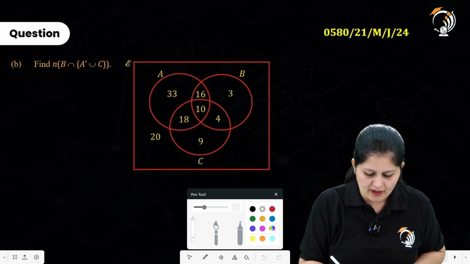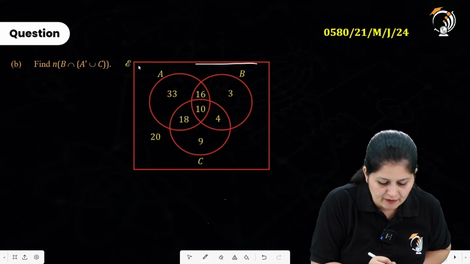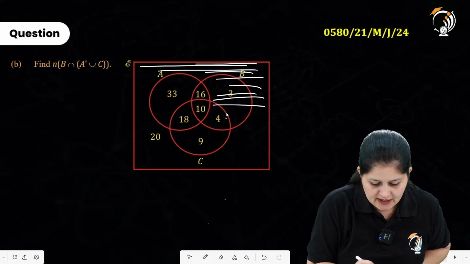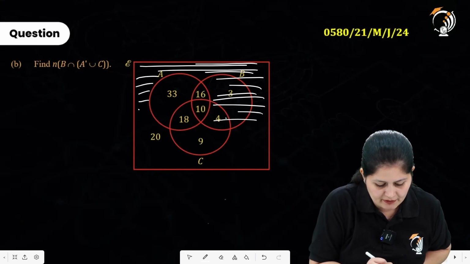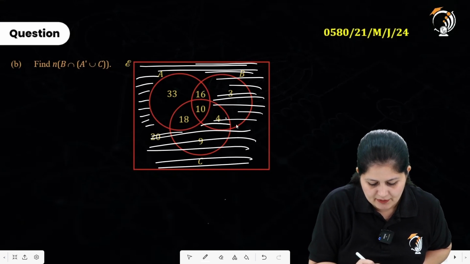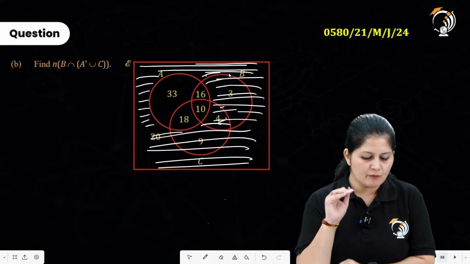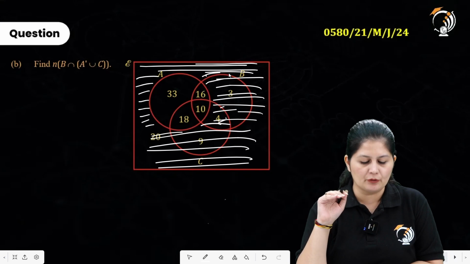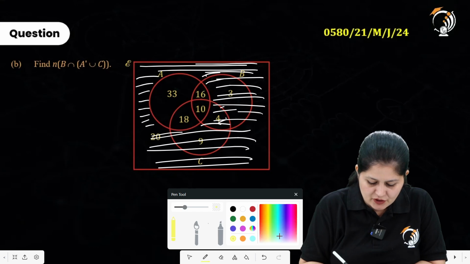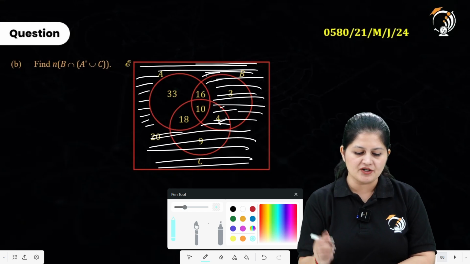If I talk about the complement of A, what is going to be the region? This is the region which we have in A complement, the whole region that will come in the complement of A. Now let's talk about what is the region that is included in C. As we need to take the union, it is going to include the entire shaded region.